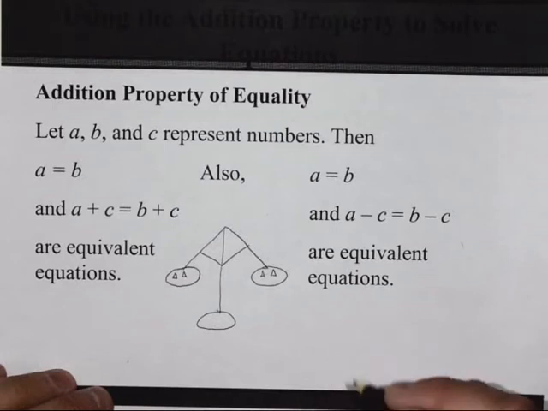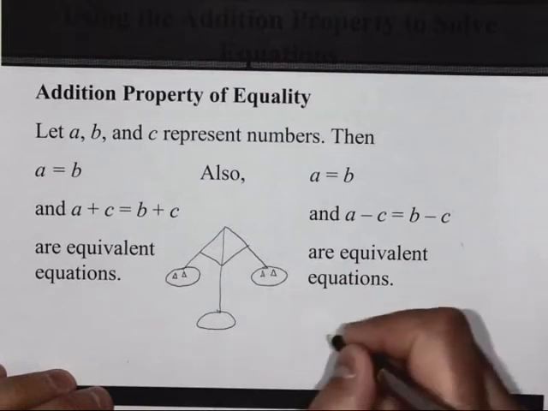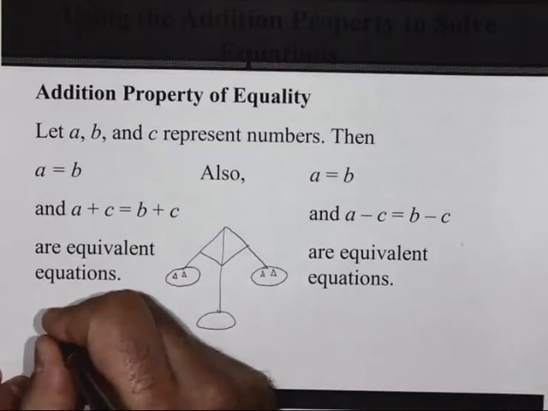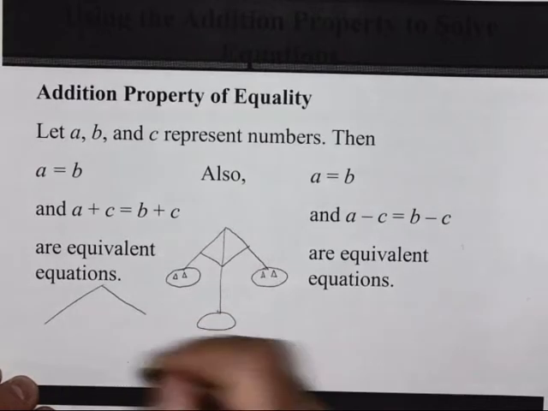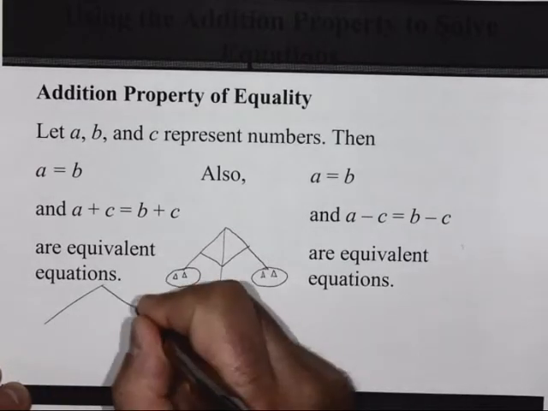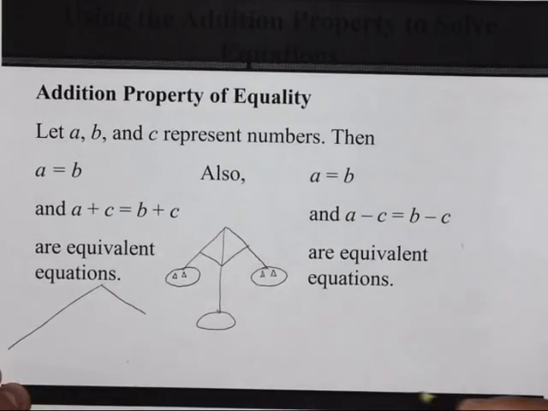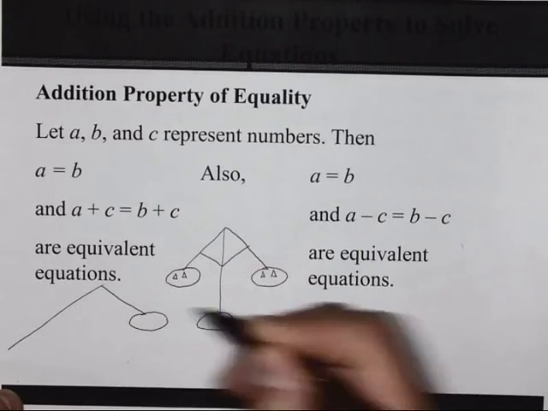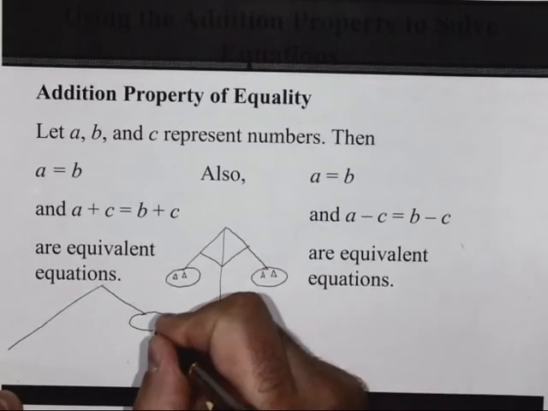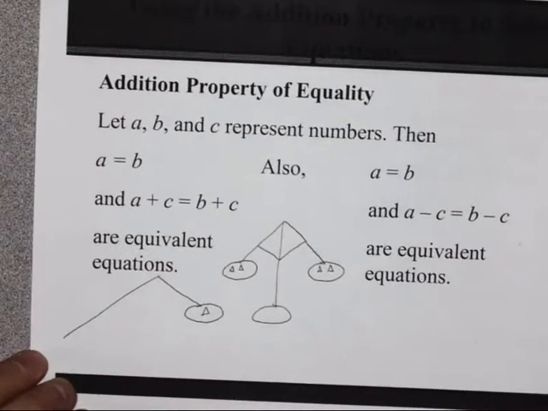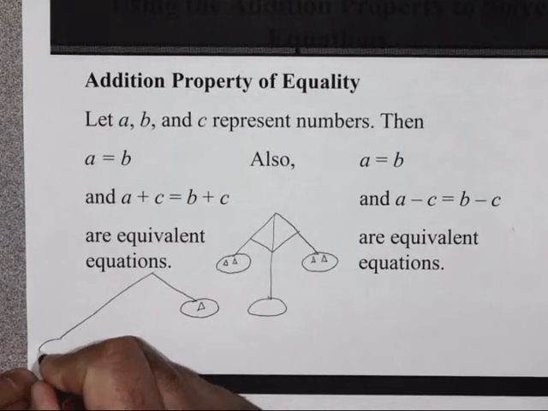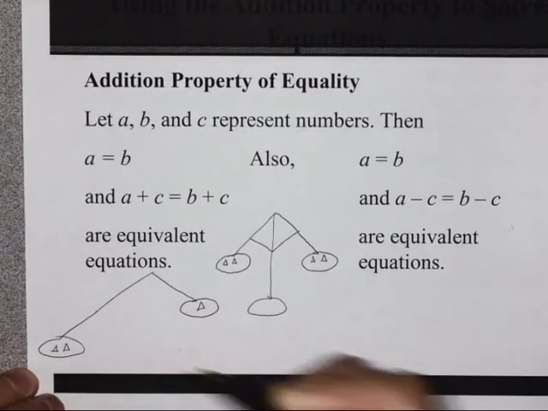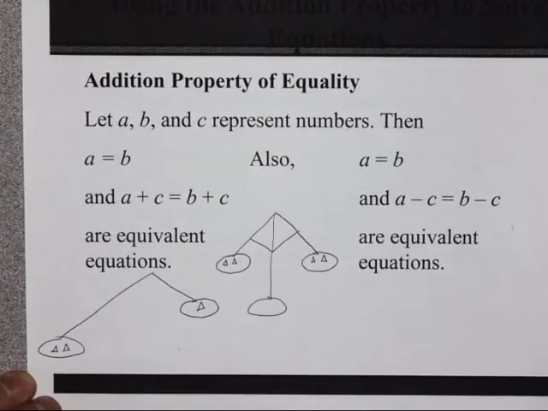If I took one of the items away from one side, obviously one side would be heavier. So this would be heavier than this one.